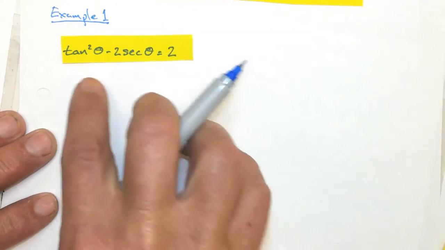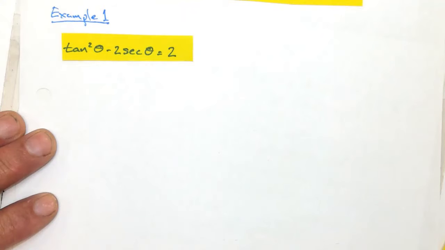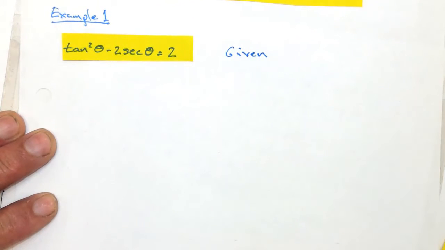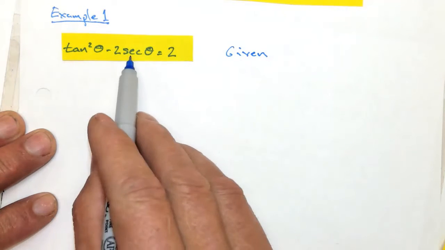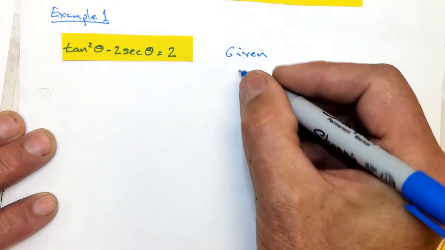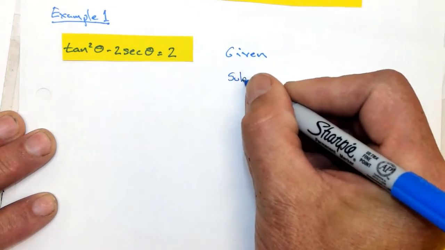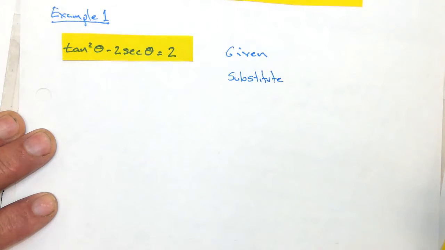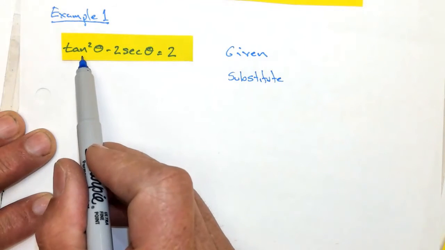So this is a more streamlined way to do it. That's going to require a little bit more knowledge base. Here it goes. This is our given problem. The first thing we're going to do is notice that there's both tangent and secant there, so we're going to use the identity. I look at my identity for tangent and secant, and I want to get rid of the tangent because it's squared.